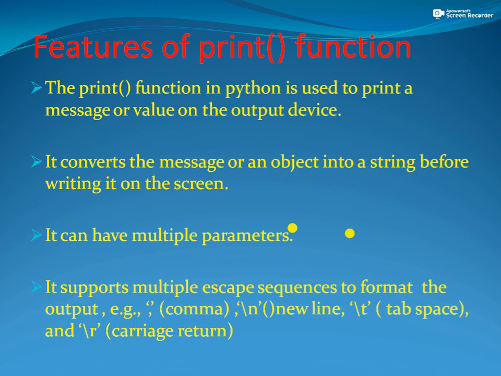A new line character in Python is used to end a line and to start a new line. Two purposes we have for using \n: for ending a line or for starting a new line.